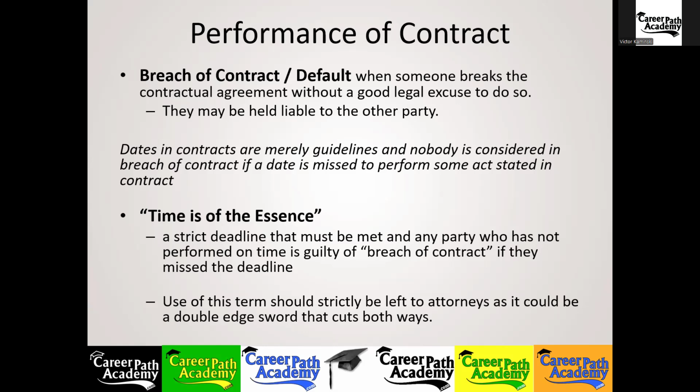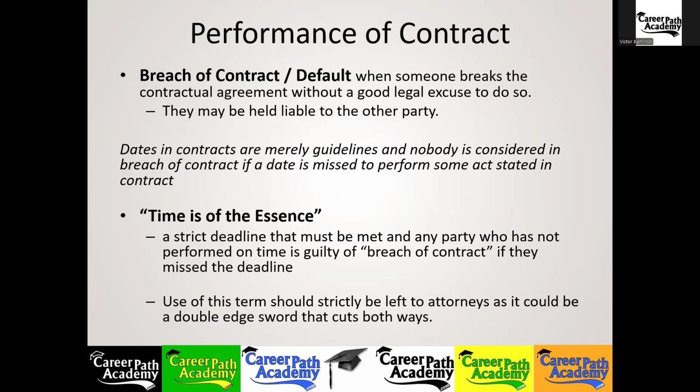We could ask attorneys to issue a time of the essence order, but we should leave that up to attorneys. This is a strict deadline that must be met. And if anybody does not meet that, whatever needs to be performed on time, when a time of the essence order has been issued, they're guilty of breach of contract.